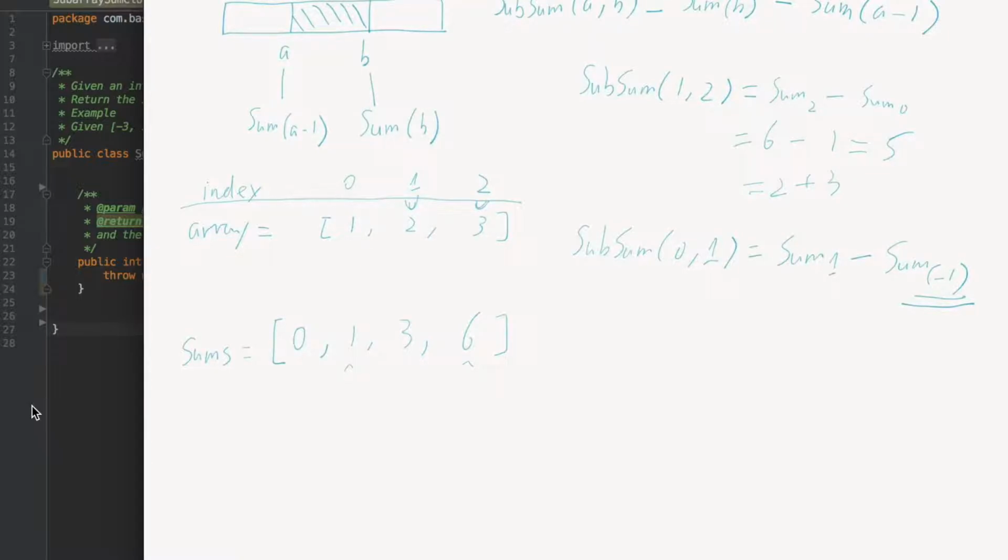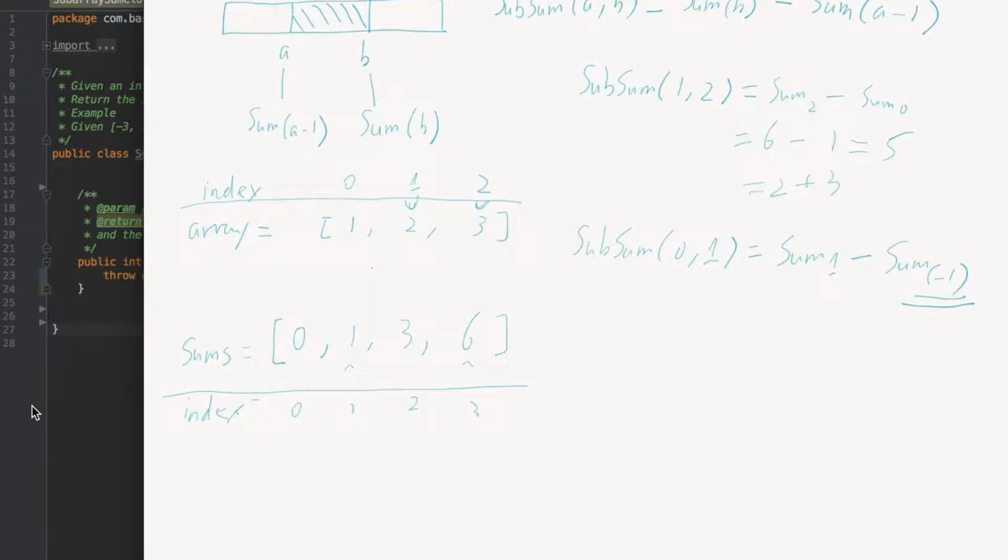So now the indexes of the sums become 0, 1, 2, 3. So the corresponding index in the original array is 1 less than the corresponding index in the sums array.